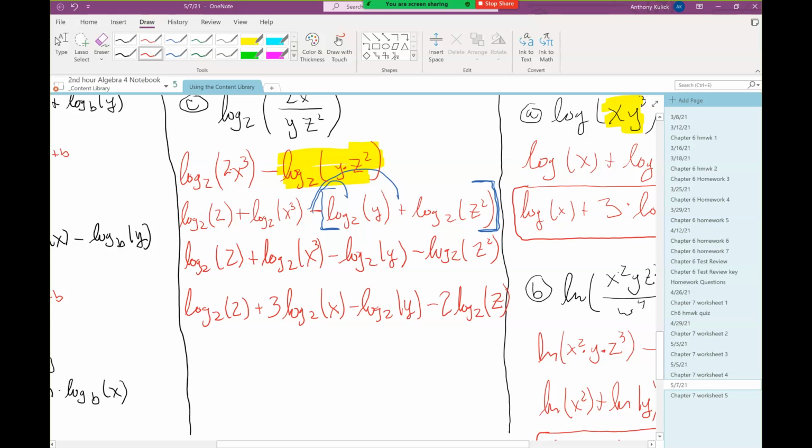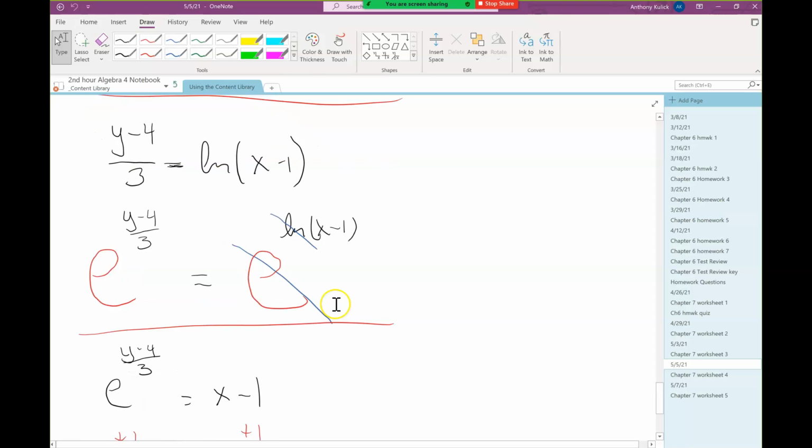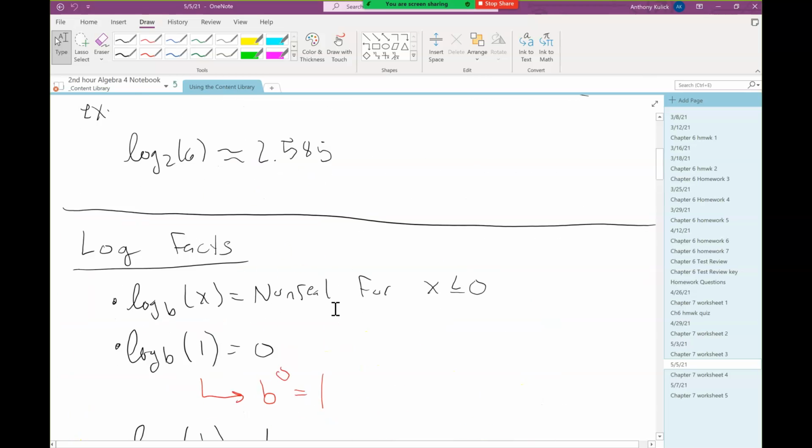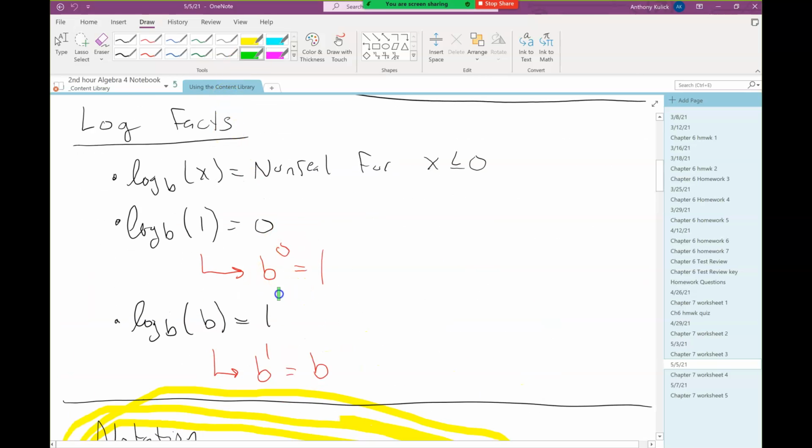And there's no more properties to do, but there is something else we can do. It's something we talked about yesterday. Does anybody see it? Log base 2 of 2 we can simplify. Can cancel and simplify it. So if you remember yesterday, we had this guy here, that log base b of b is 1.